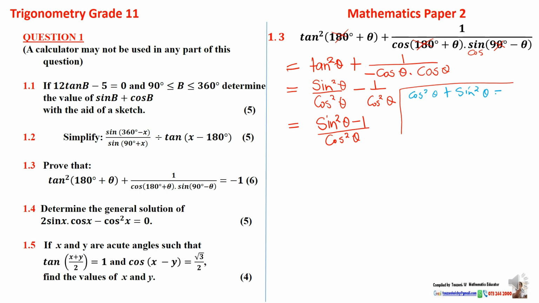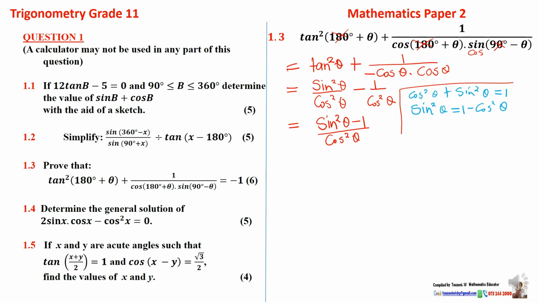This is our identity. Now, if we move cos squared theta to the right hand side, we notice that our identity can be expressed as sine squared theta is equal to 1 minus cos squared theta. And this is another way in which we can express our identity.